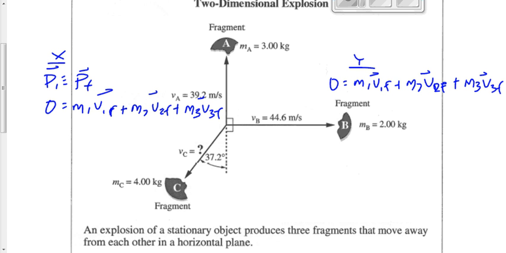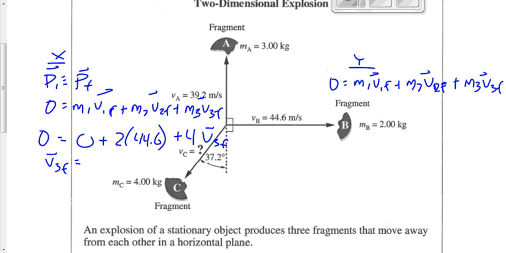X components. We'd say object number 1 has 0 momentum, even though it's moving on the Y axis. Object number 2 is 2 kilograms times 44.6. And object number 3 is 4 kilograms times V3F. We solve for V3F there, it works out to be negative 22.3 meters per second.